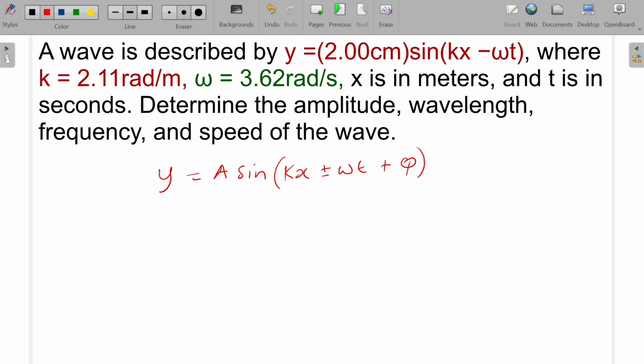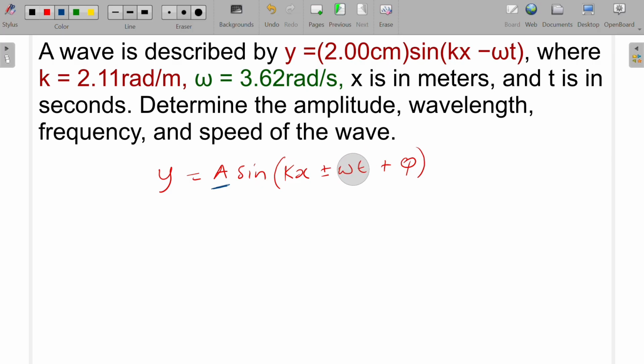All right. So from that function, whatever is written before the trig function is your amplitude. Whatever is multiplying x is your wave number, and whatever is multiplying t is your angular frequency. And whatever is added to these two is your phase angle.